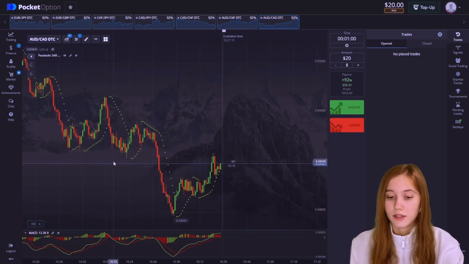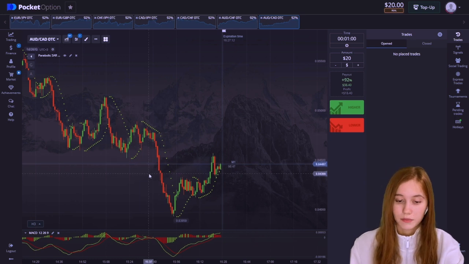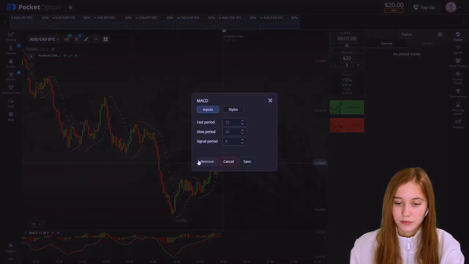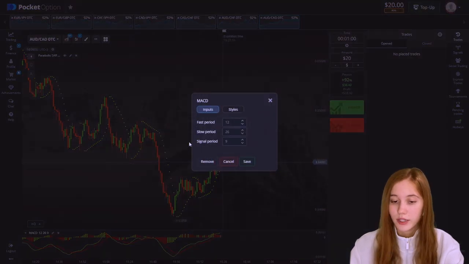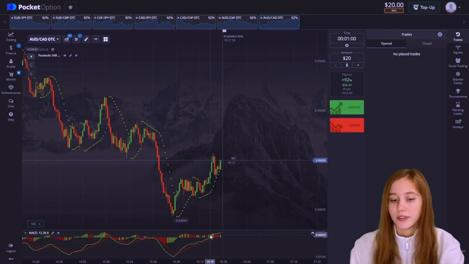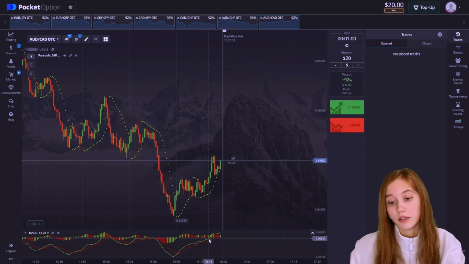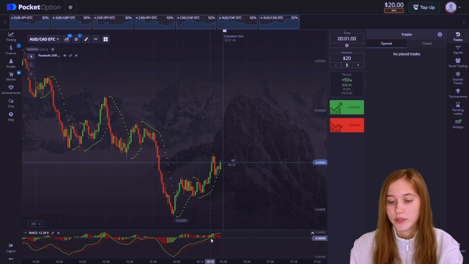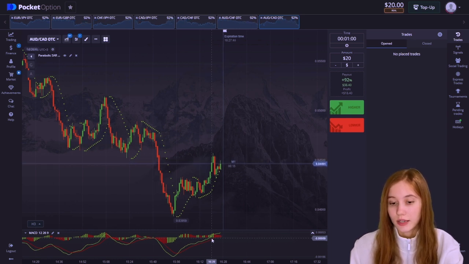And the second indicator, MACD, the settings. It's located at the bottom of the screen. In an uptrend, the current price is higher than the average price for the time period we have chosen. In a downtrend, on the contrary, the current price is lower than the average value over a certain period of time. The dynamics of these average prices can be displayed on the chart in the form of 2 lines.